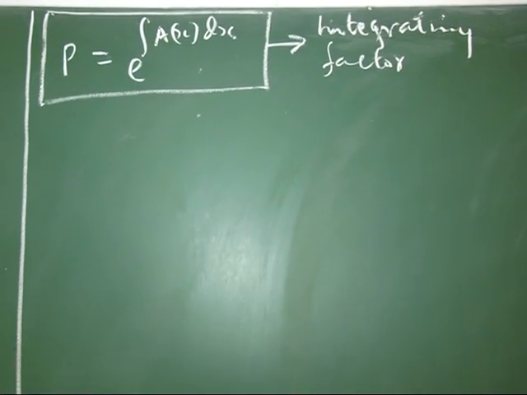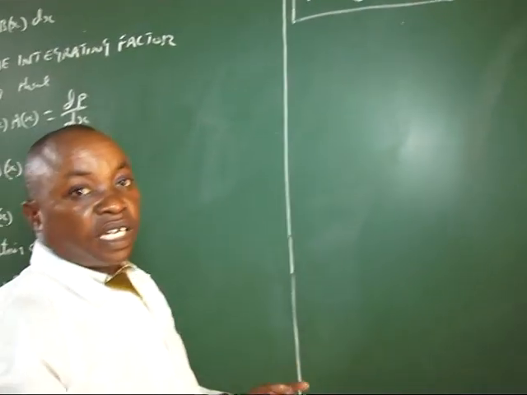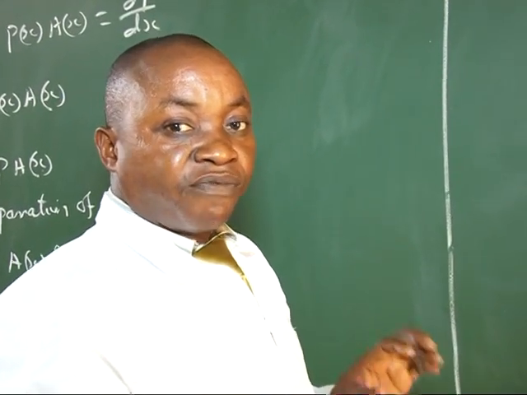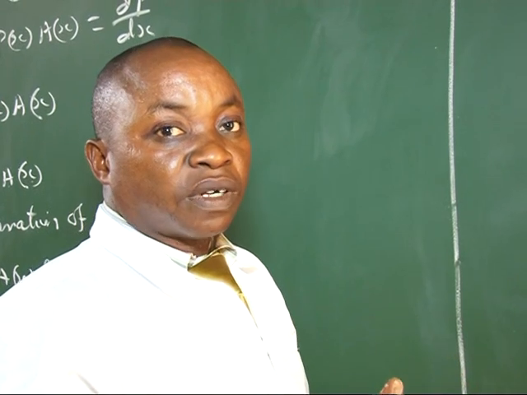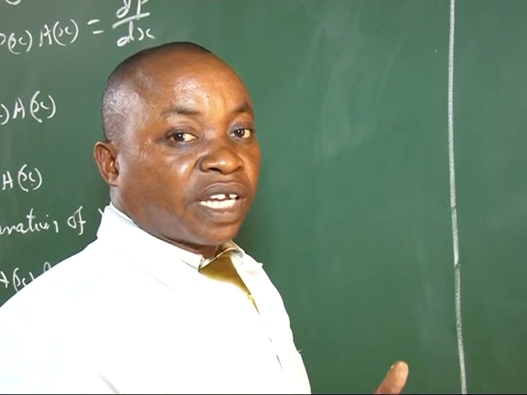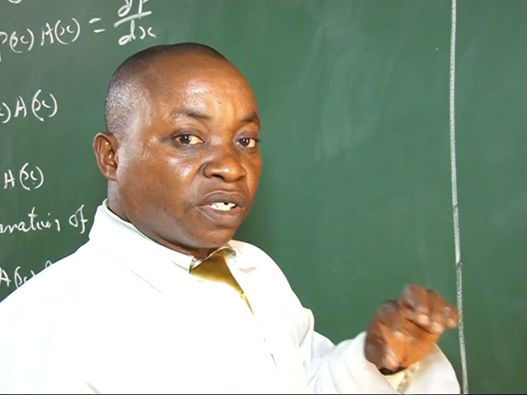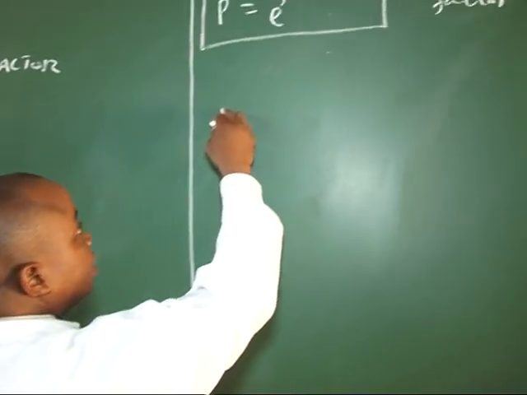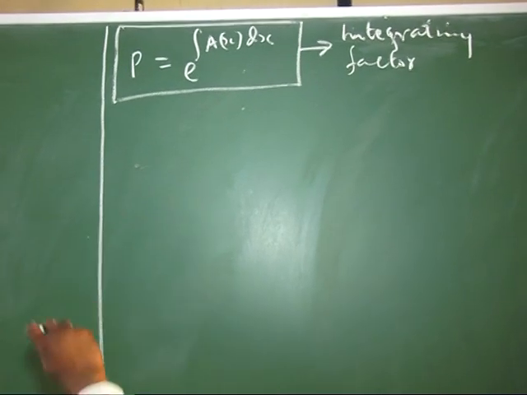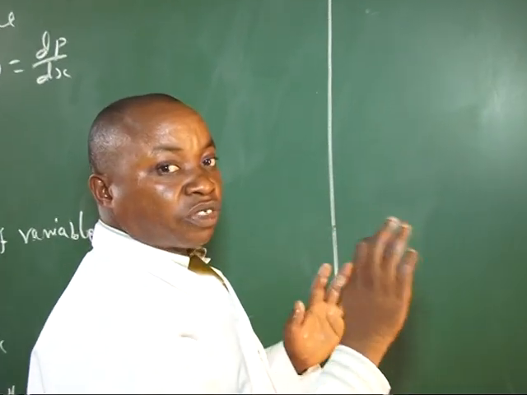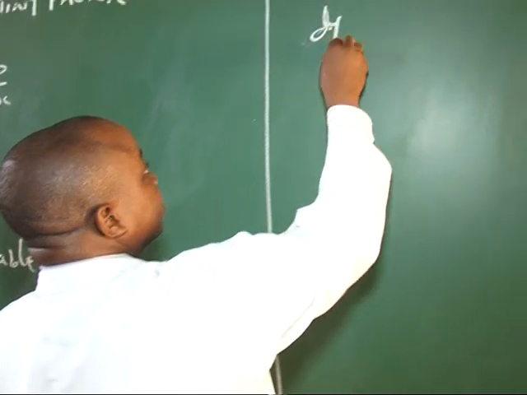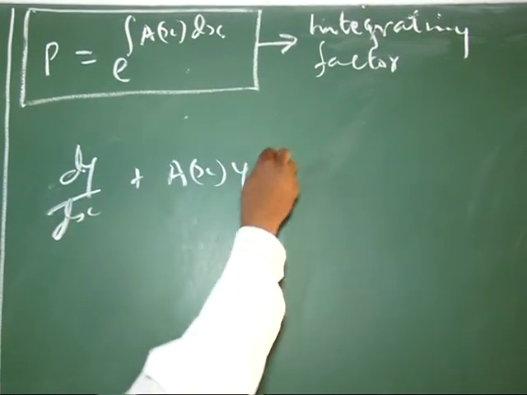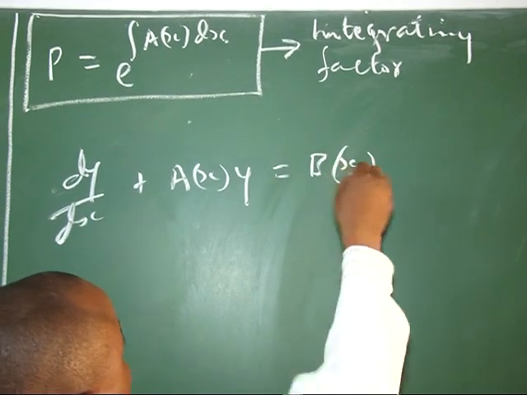So what it means is that if you are given a linear differential equation to solve, the first thing we will do is to look at how we can derive the integrating factor. Now we compare this with the first order differential equation of the form dy/dx plus a of x y is equal to b of x.